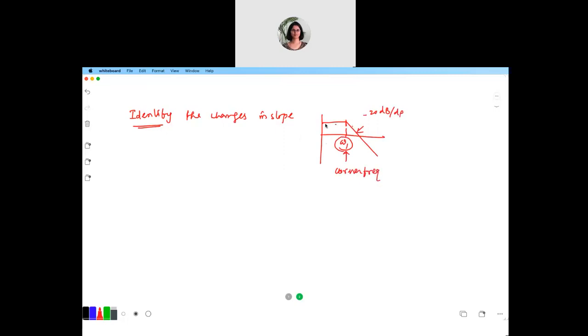Now, here the slope was 0. Now the slope is minus 20. So how much is the change in slope? From 0 it is going to minus 20. So the change is minus 20.